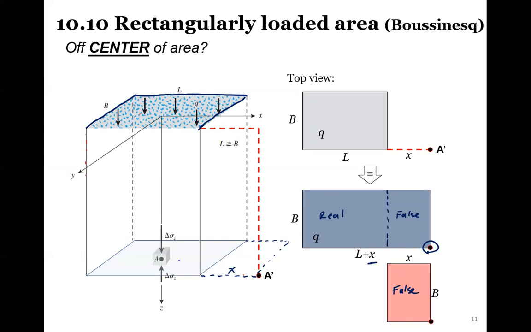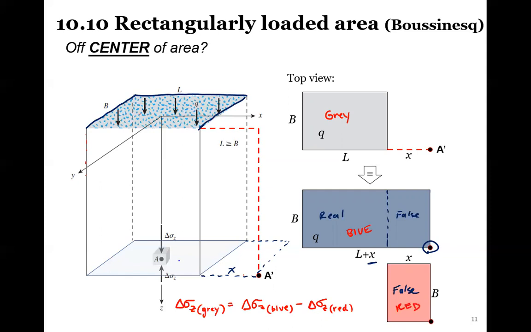Just for the sake of the colors here, our delta sigma Z, the gray, which is the one we actually care about, is equal to the delta sigma Z of our blue minus the delta sigma Z of our red.